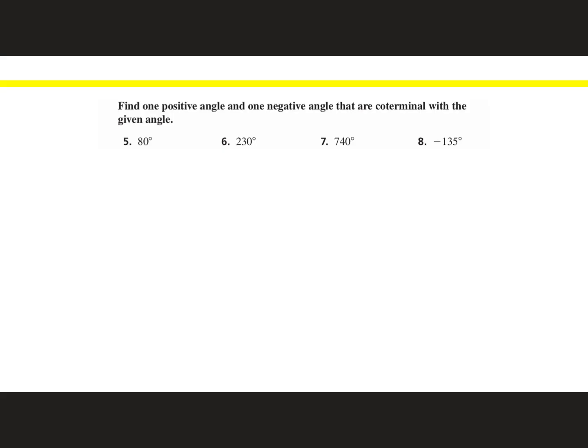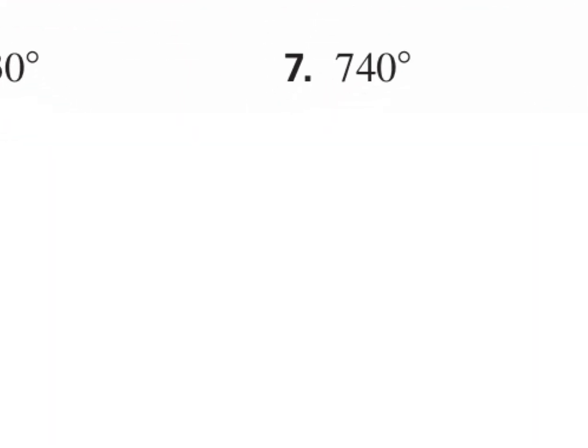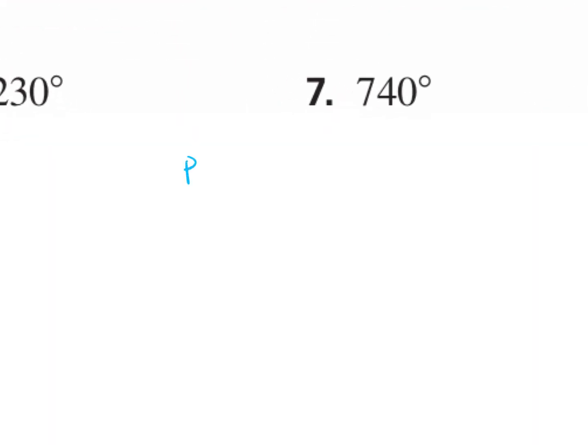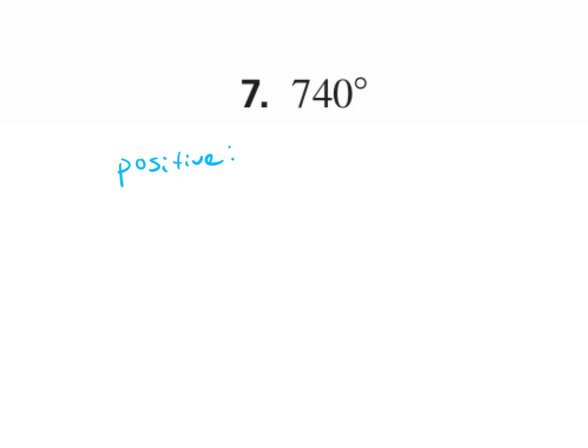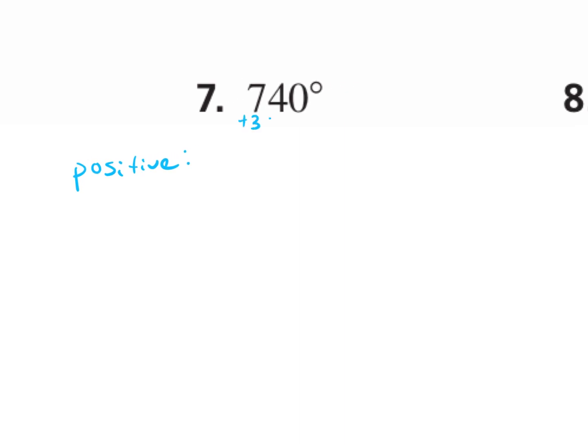All right, let's take a look at number 7. So I want a positive coterminal angle. No, you don't have to graph. How would I find a positive coterminal angle? Add 360. What do I get when I add 360? 1,100. 1,100 what? Degrees. How would I find a negative coterminal angle?